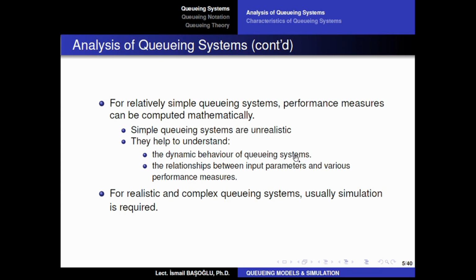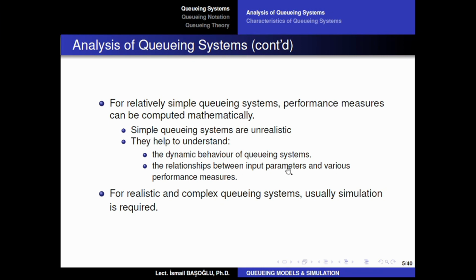Even if the description of the queue is very simple, you will see that the behavior of the queue, the dynamics are changing incredibly if you change the policy. So we study these simple queuing systems to see how they can change their dynamic behavior based on input parameters. And from here, what we try to understand is the relationship between input parameters and the performance measures.